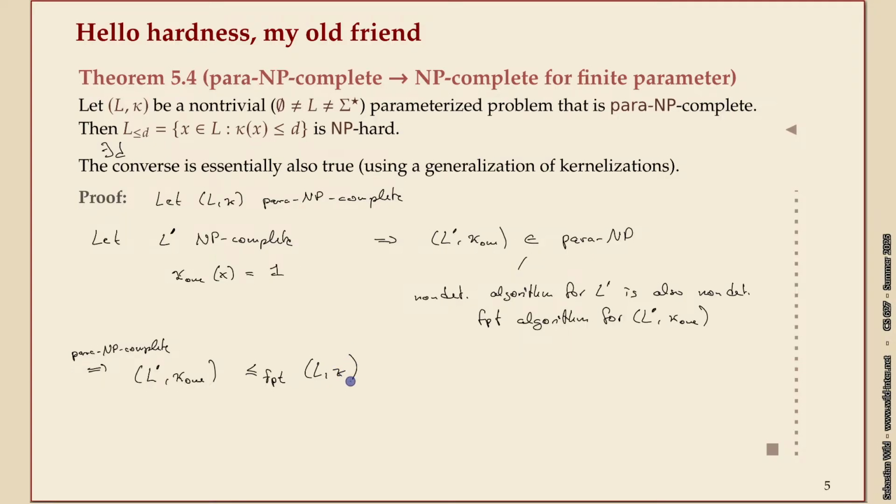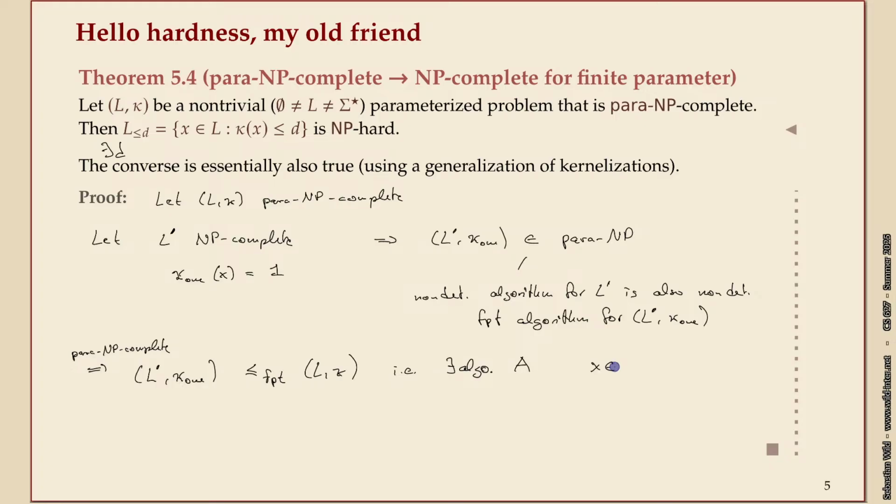Which means there's some algorithm, I haven't used the name for this, so there exists an algorithm A. Just going from the definition of FPT reduction.